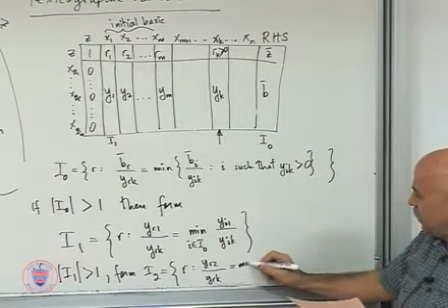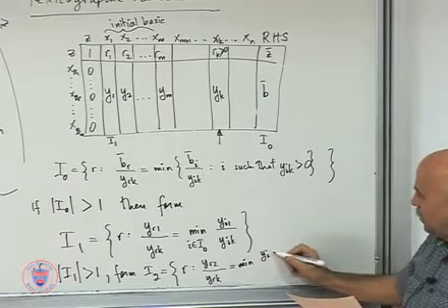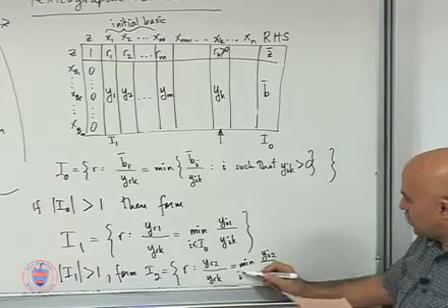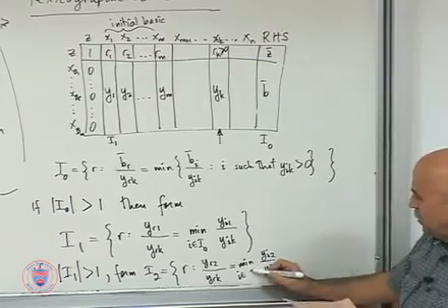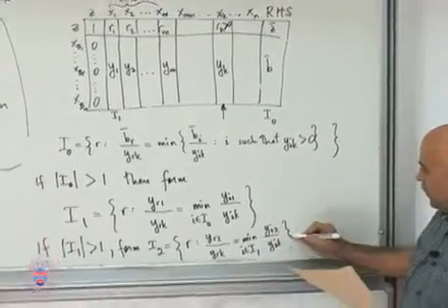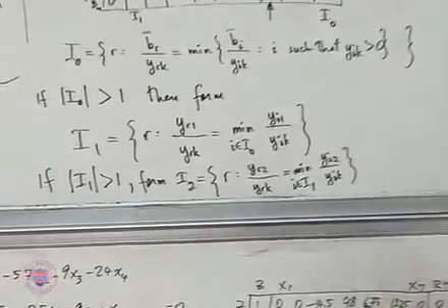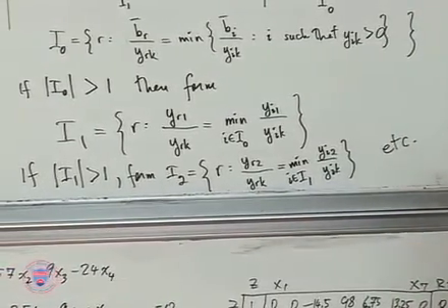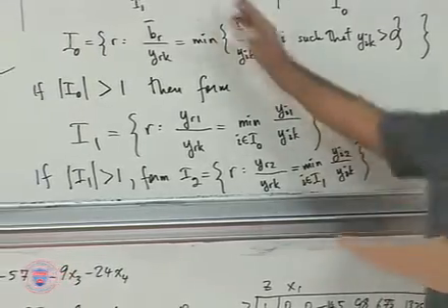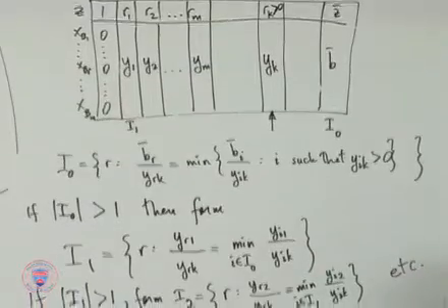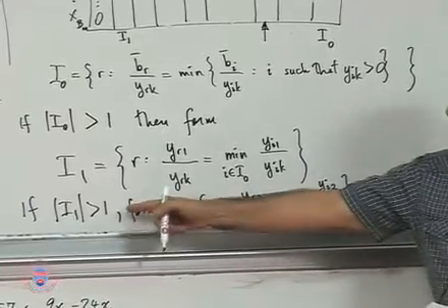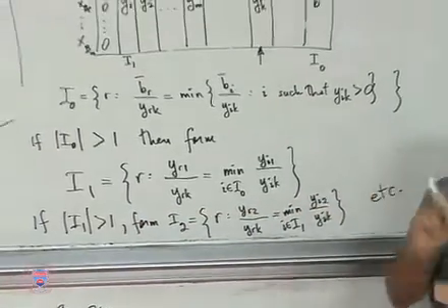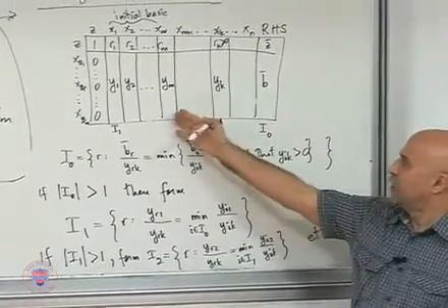These are the minimum ratios, YI2 over YIK, where in this case I is restricted to I1. Okay? So each time you're getting smaller and smaller, etc. You keep doing this until finally the last one is I sub m. Maybe before that you will obtain a set which gives you a single element, in which case you exit that. Otherwise you arrive at the last one.